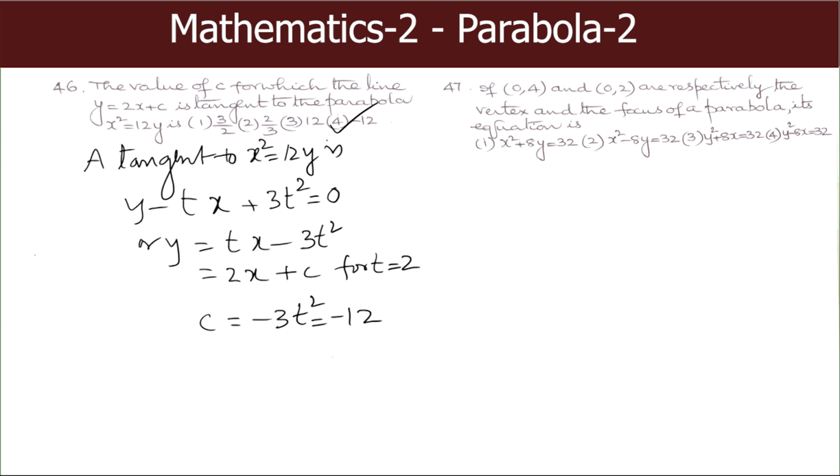Question 47. If 0, 4 and 0, 2 are respectively the vertex and focus of a parabola, its equation is. 0, 4 is the vertex, on the y-axis, and 0, 2 is the focus.